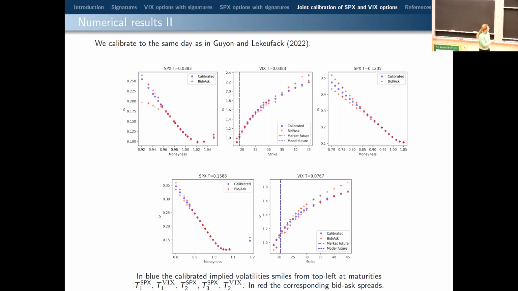So this is the second and the fifth plot here, where these are the VIX options, and here you see exactly the different smiles or the different behavior of the implied vol. So the standard smile for the SPX, and then this concave function for the VIX. So it's not really a smile.